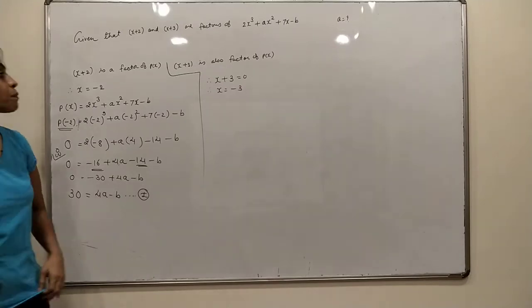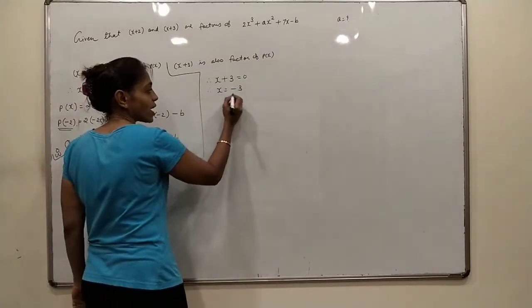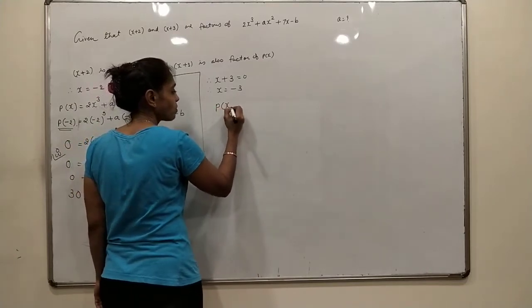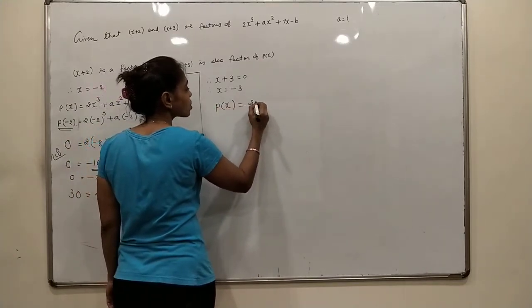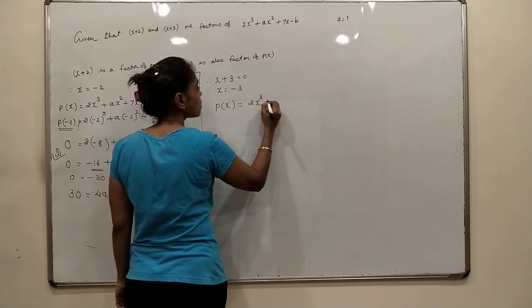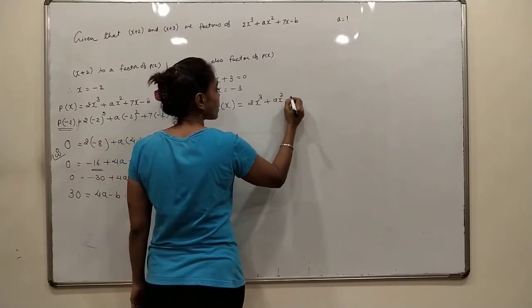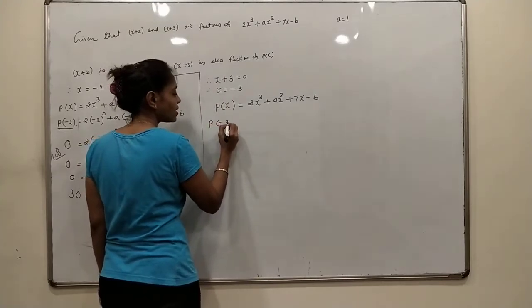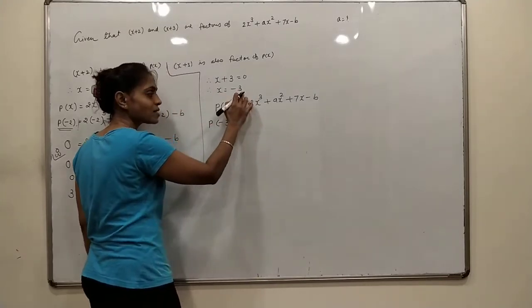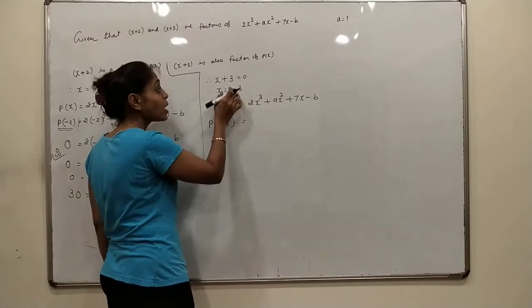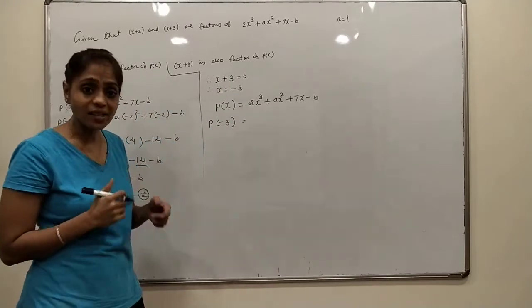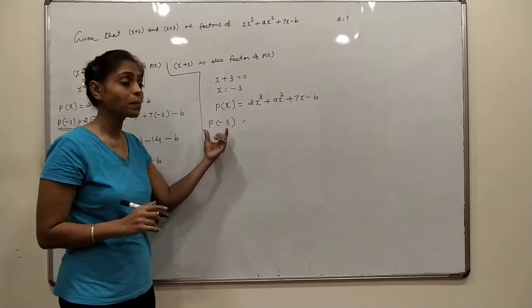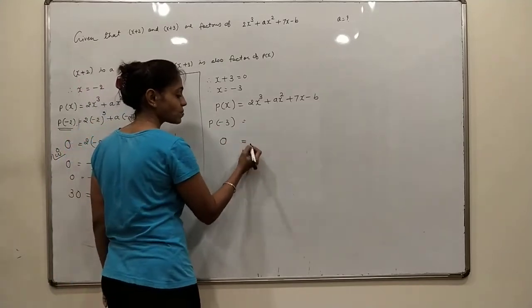Yes. x plus 3 is a factor, so x is minus 3. p of x is 2x cube plus ax square plus 7x minus b. p of minus 3, because x is minus 3, wherever x, put minus 3. But x plus 3 is a factor, so the remainder is 0.